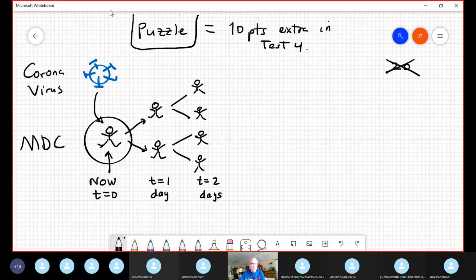This is now, today. 1 day after that, we have 2 students contaminated. I suppose it is the rate of change, duplication, no? And the second day, 4 students, no, are contaminated because this student contaminated 2 more, and so on.